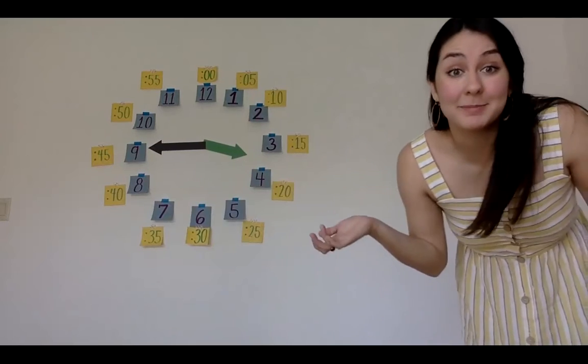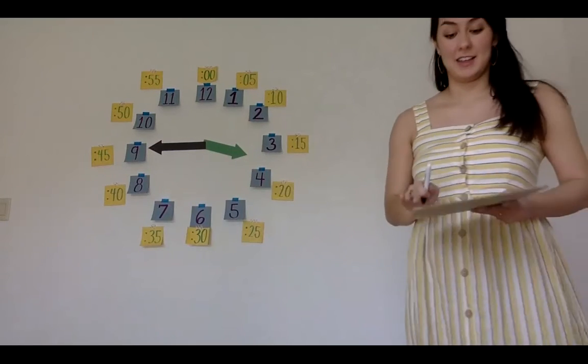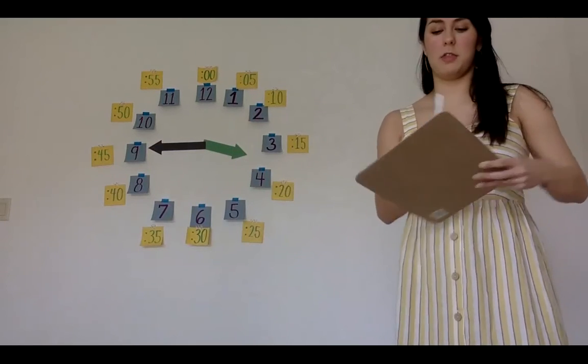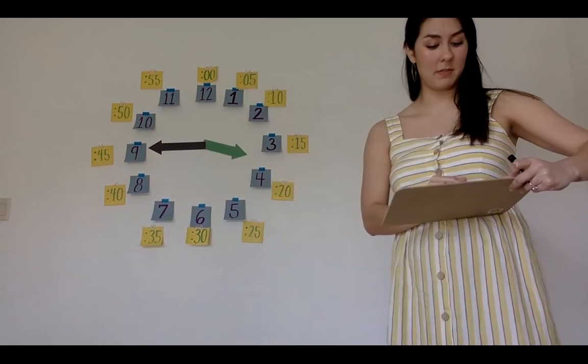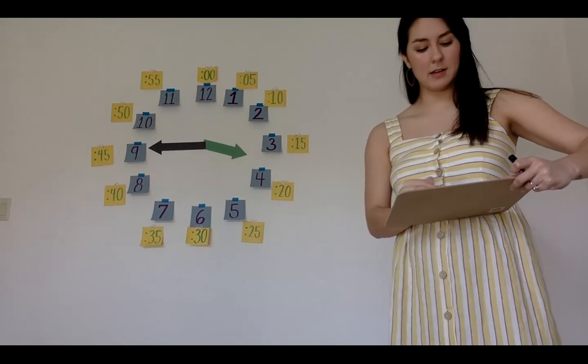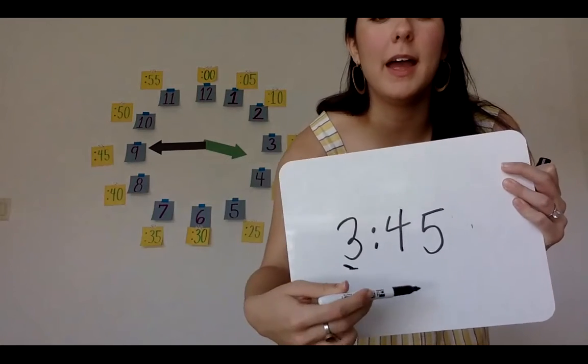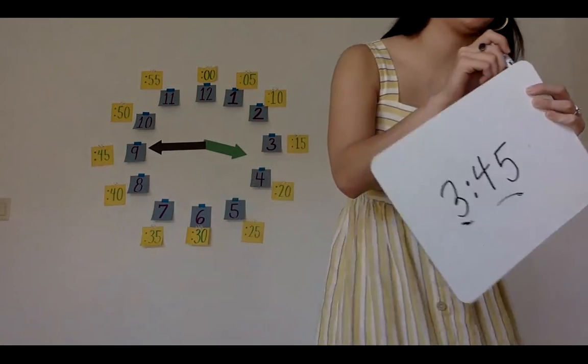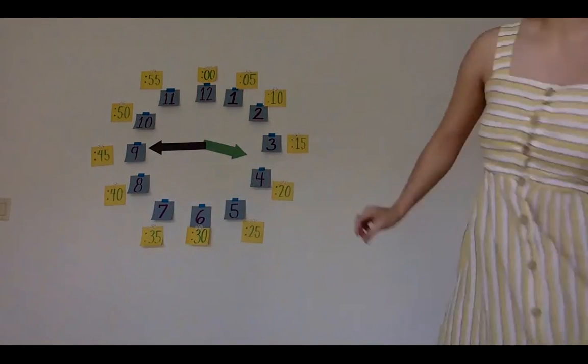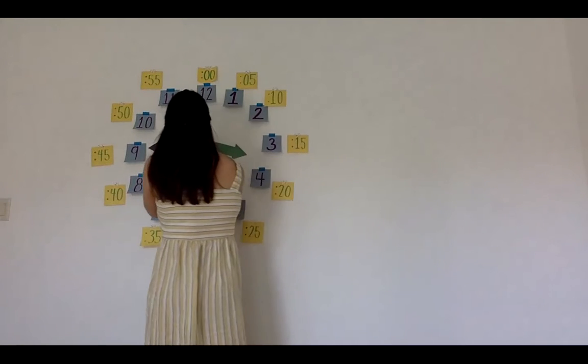So what time is it? It would be 3:45. And I would write that like this. First my hour, and then my minutes. Let's practice another one.